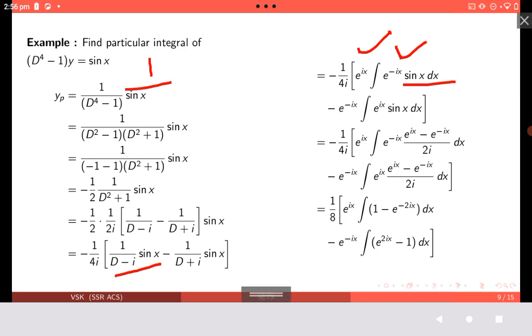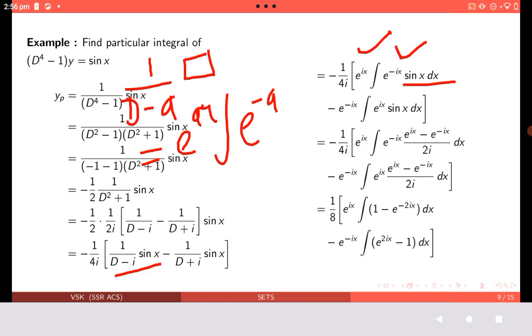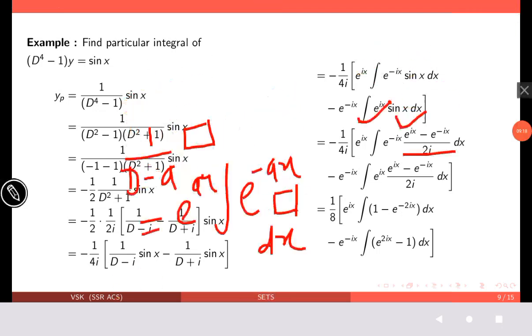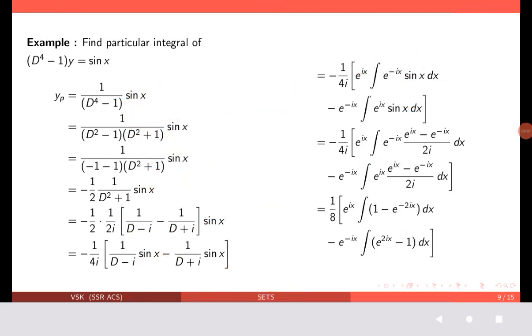In general, if you have (D - a) and some expression, this will become e^(ax) integral of e^(-ax) times that expression dx. So using this, we have written this over here.